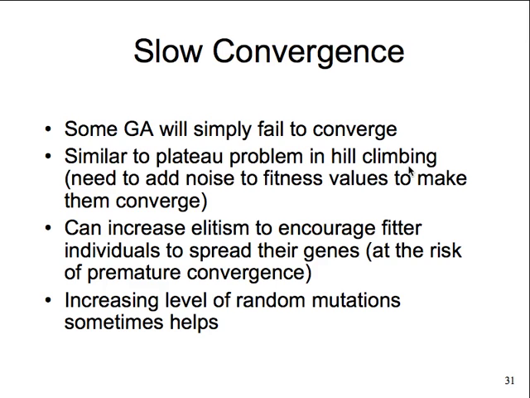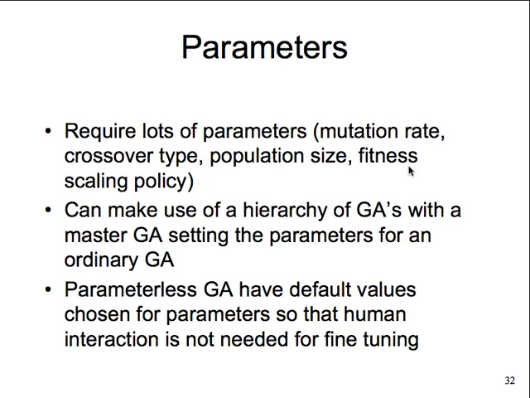So increasing the level of random mutations as well sometimes could help, by randomly changing things. We also have to consider our parameters. Last but not least, requiring lots of parameters is probably a good idea, including mutation rates, crossover types, population size, and fitness scaling policy.